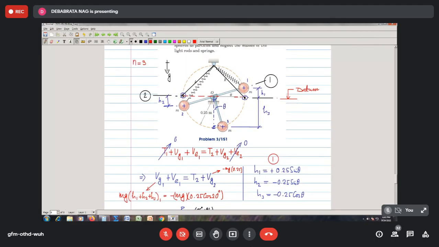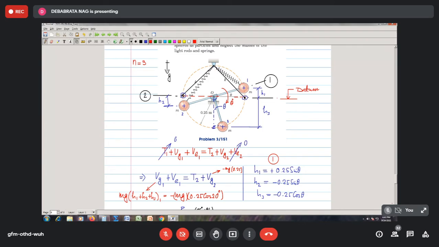See, the entire rod, entire assembly is basically rotating with respect to the point O. So if I assume that the angular velocity here is theta dot. Okay. So if this be my angular velocity, then I can say everyone is having the velocity 0.25 theta dot. Everyone is having this velocity.